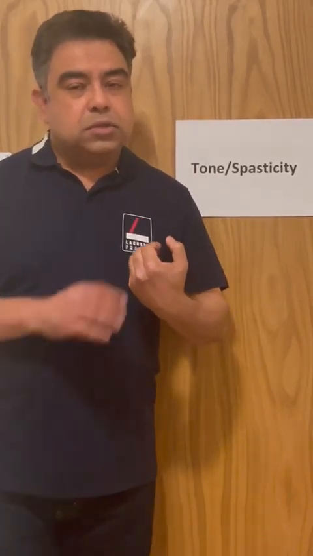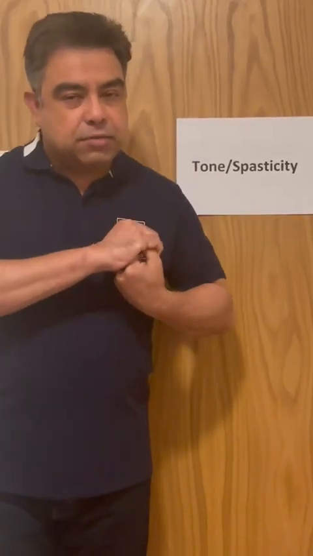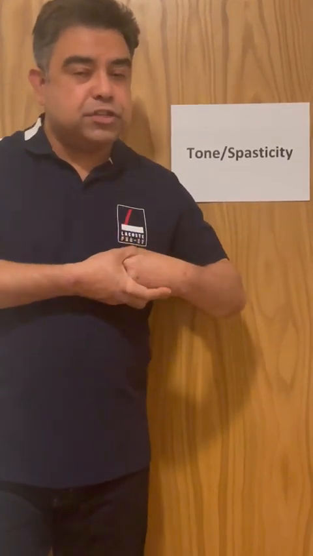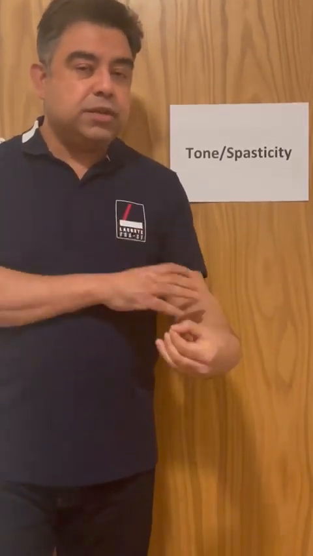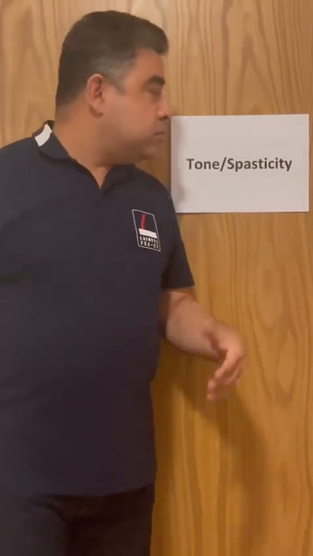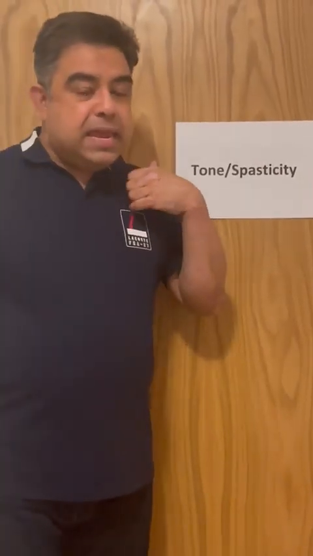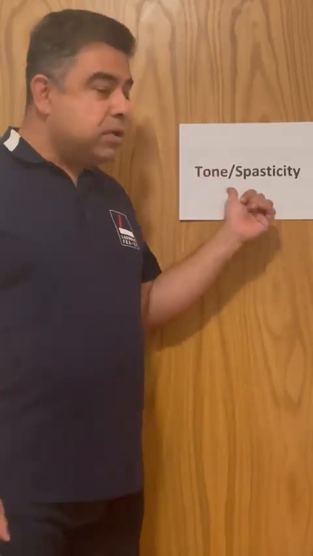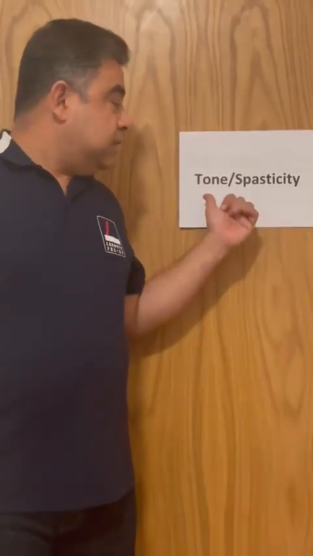A high tone muscle, you can stretch it. But if it is a contracture, if you try to stretch it, because the muscle has become very solid, it causes pain.